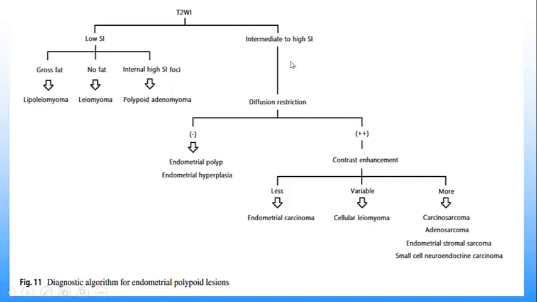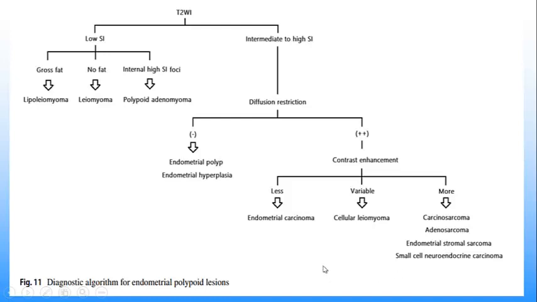If intermediate to high signal, then we can look at diffusion. If there is no diffusion restriction, we lean towards benignity: endometrial polyp or endometrial hyperplasia. If there is contrast enhancement, it is less with the endometrial carcinoma, variable with the cellular leiomyoma and degenerated myoma, and marked with the carcinosarcoma, adenosarcoma, and endometrial stromal sarcoma.